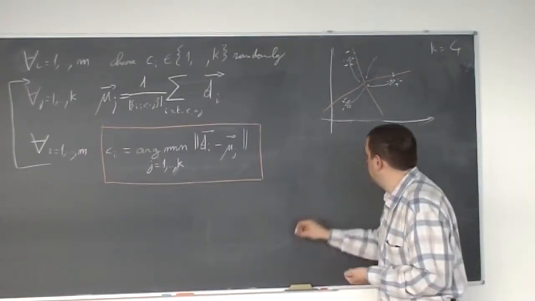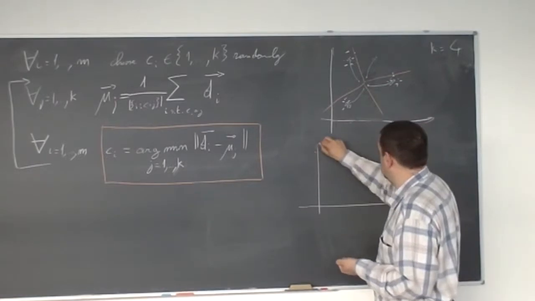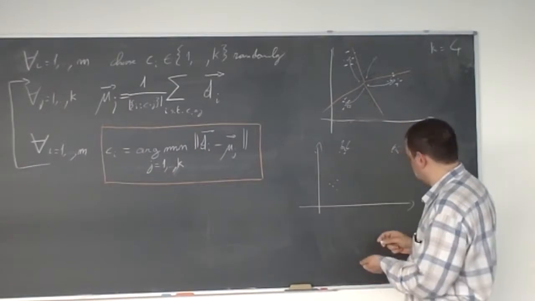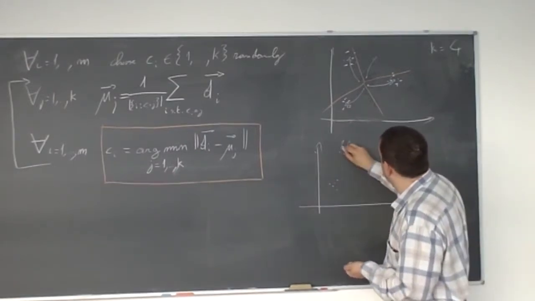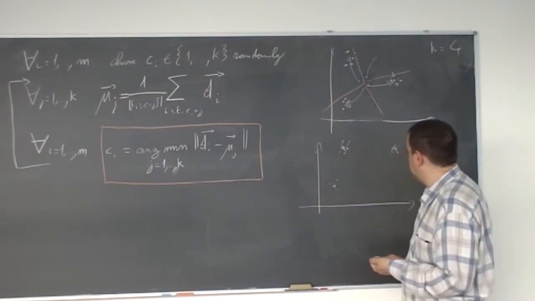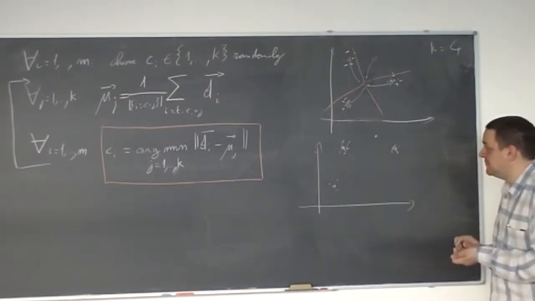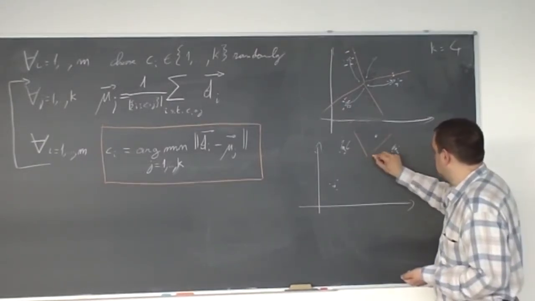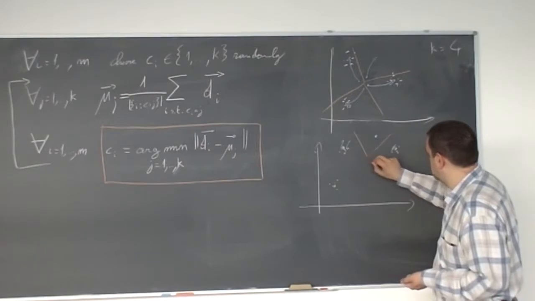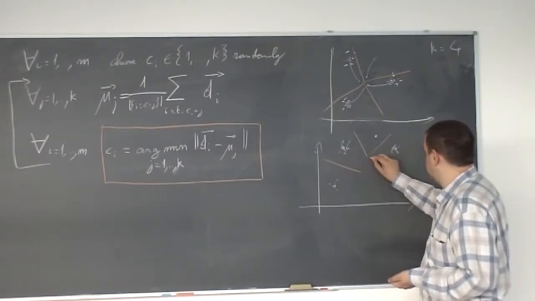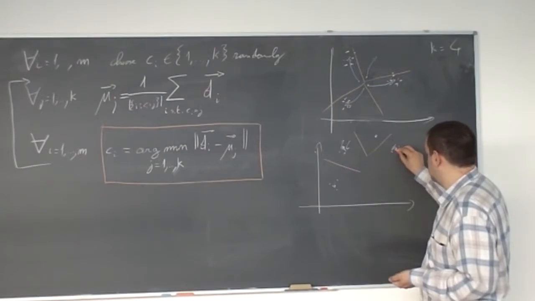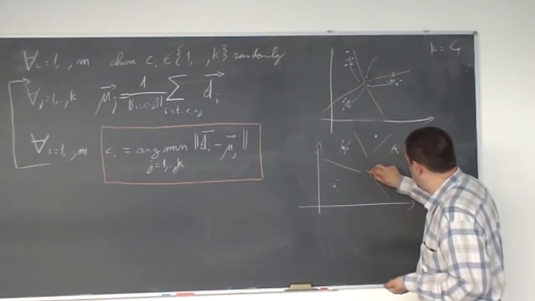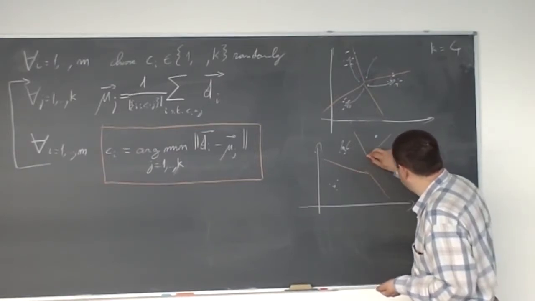At this point, we have one representative here, one here, one here, and one here. And of course, now the Voronoi diagram is something like this, probably.